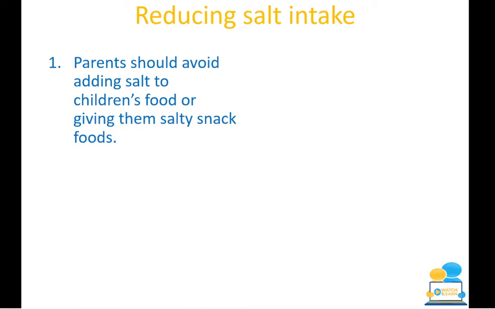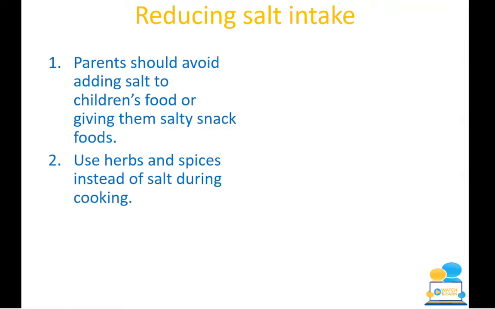It's because there's a lot of salt. Now, it can be convenient when you're on the go, and not everyone has the luxury to be able to make their own, but it's just so that people are aware that there is a lot of salt in these kind of foods. So you should use herbs and spices instead of adding salt, because they really do add a lot of flavour.